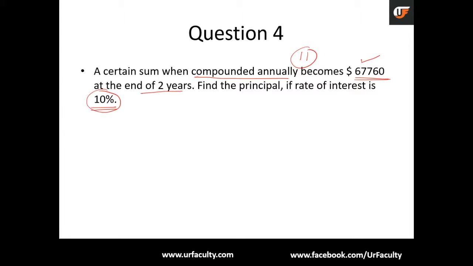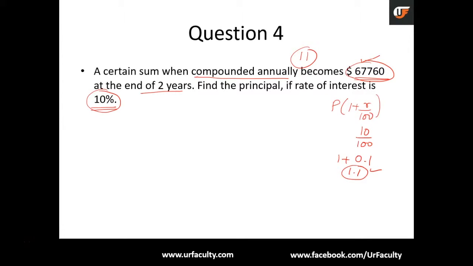It's because when you're doing P into 1 plus R by 100, the R is 10 by 100, which is basically 0.1. And 1 plus 0.1 will give you 1.1. And because of that, most of these big numbers given are basically multiples of 11.